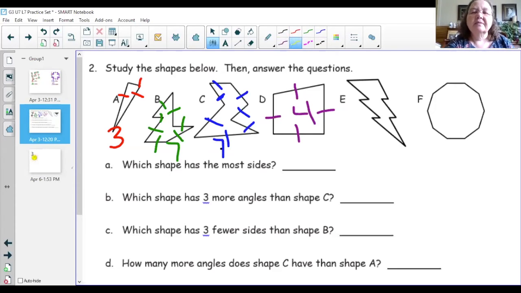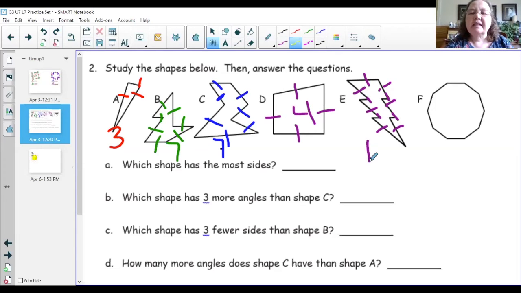And let's look at this one. 1, 2, oh, I got to get that little one. 3, 4, another little one. 5, 6, 7, oop, there's that little one. 8, 9, 10, 11.